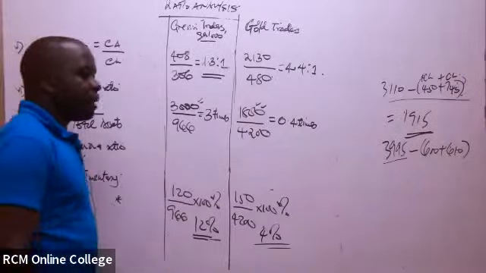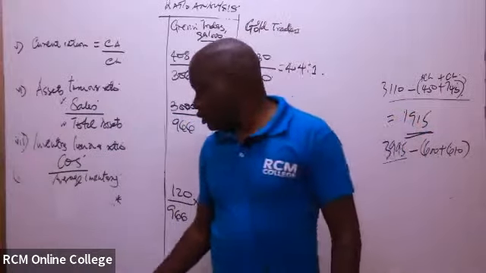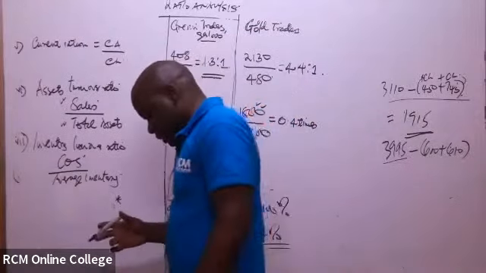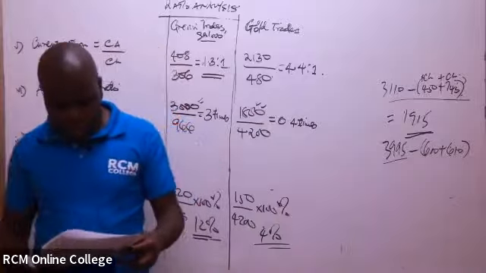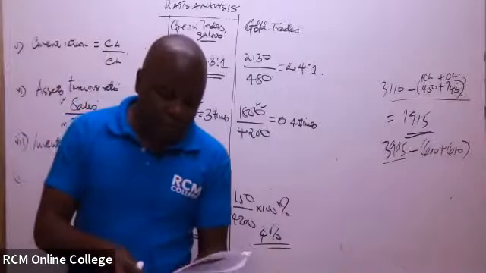In a situation where you've been given the opening stock and closing stock, to get the average inventory you add the two and divide by 2. But if you haven't been given both, you conclude that what you've been given as inventory is the average.